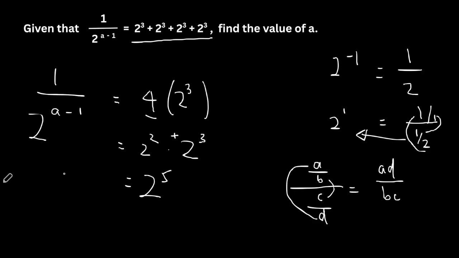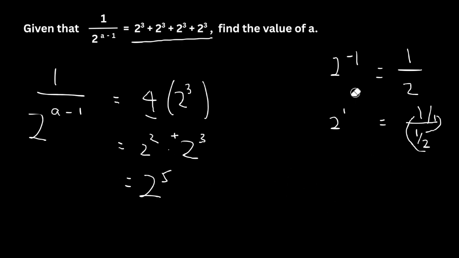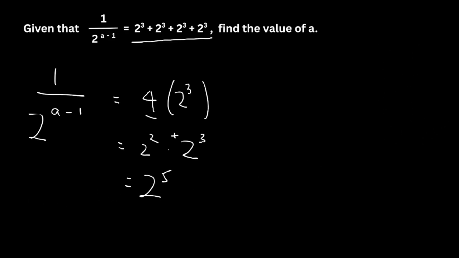So this is the same as this. How do we deal with this part over here? 1 over 2 to the power of a, divided by 2. That's what is written over here, because 2 to the power of a minus 1 is the same as 2 to the power of a divided by 2.